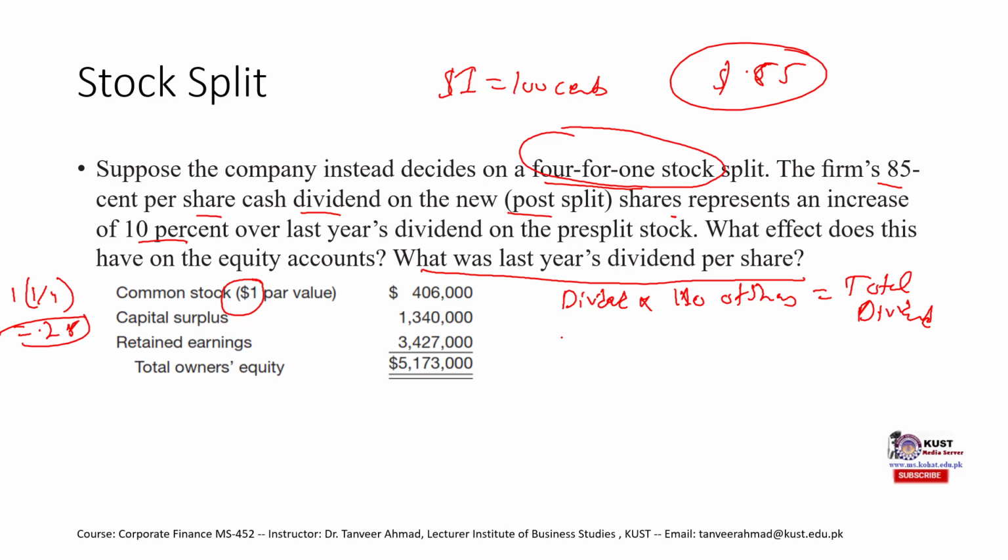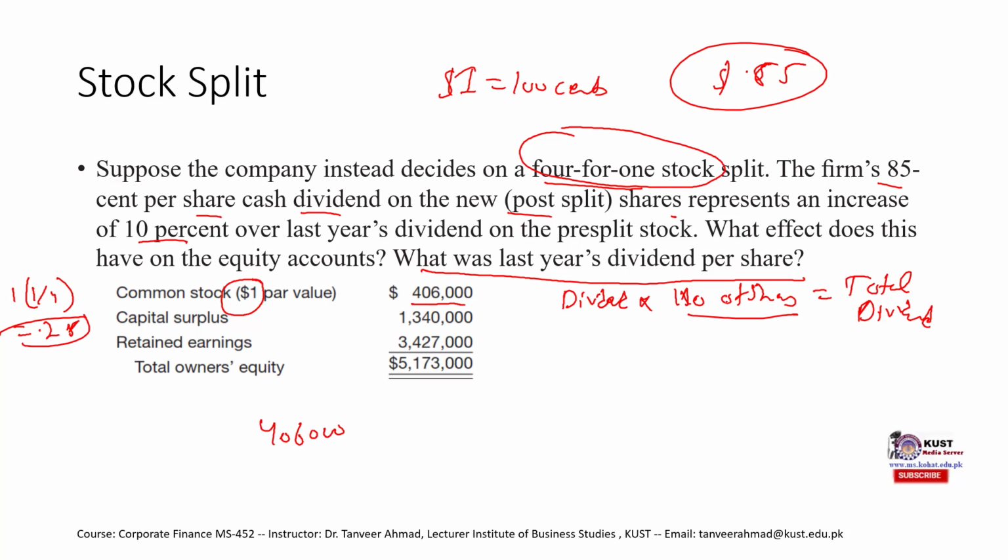The company had 406,000 shares outstanding before the split. We must remember that we need to adjust the shares outstanding for the stock split. We need to find out the number of shares, right? We know the dividend, it is 85 cents, but we do not know the number of shares outstanding currently, because this dividend is being paid after the stock split.